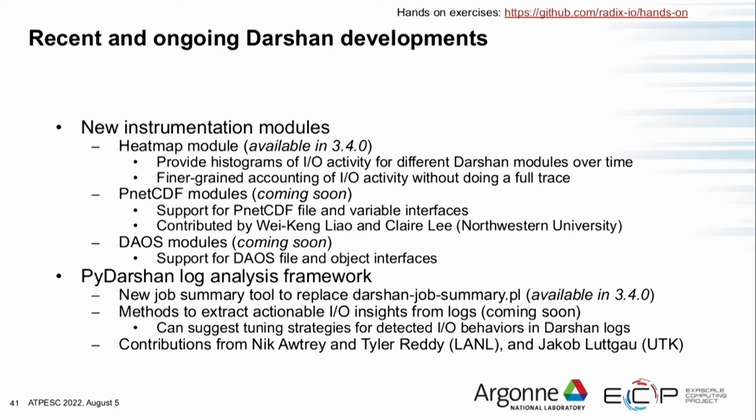First, we've got a few different instrumentation modules we're thinking about. A heatmap module has already been made available in 3.4.0, and the idea here is that we capture histograms of I/O activity over an application's runtime. If you recall, Darshan's traditional instrumentation captures a fixed set of data for every file accessed, so it isn't able to keep track of every single I/O operation and its timing.